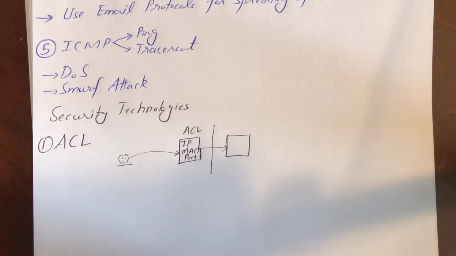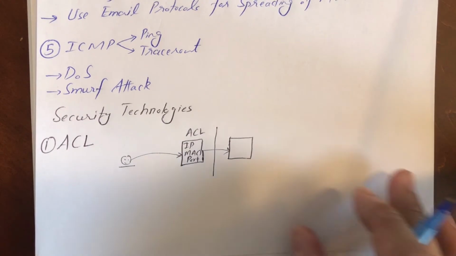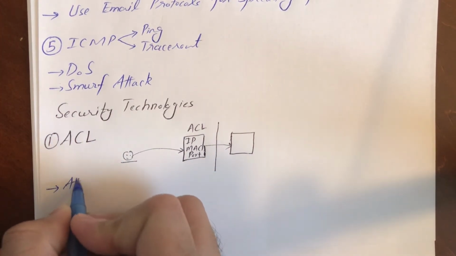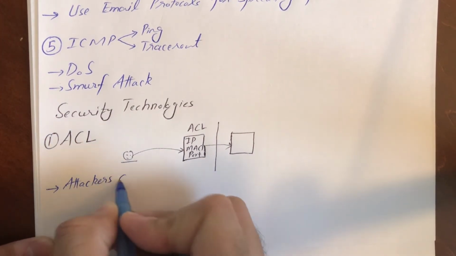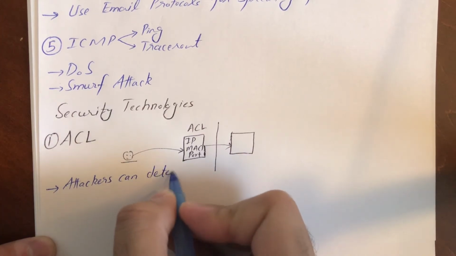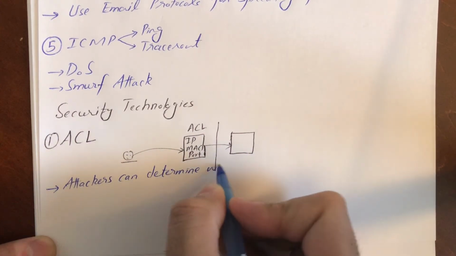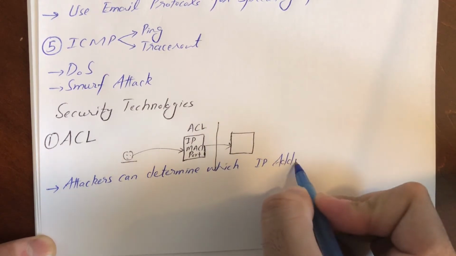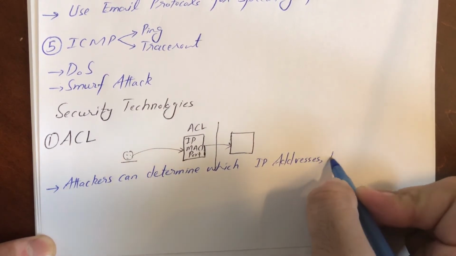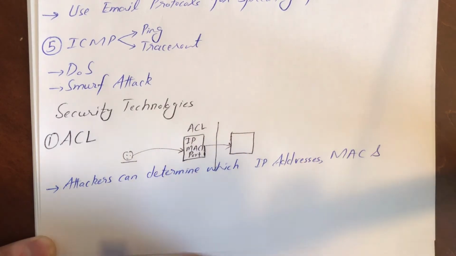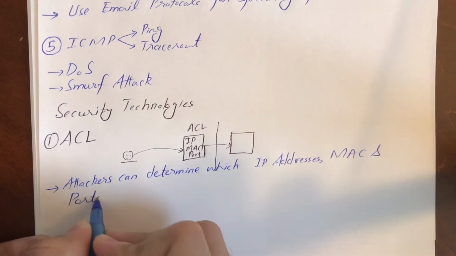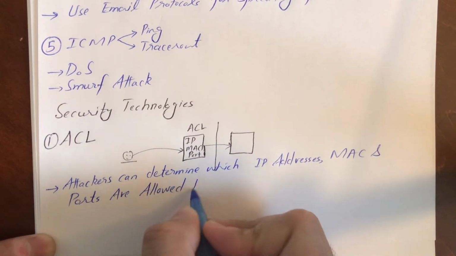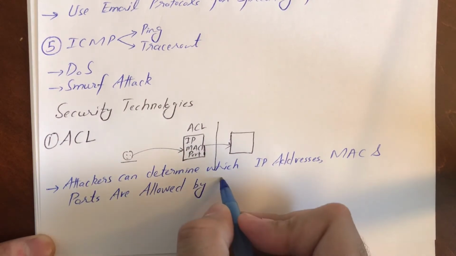And as you remember, the access control list is not the definite solution. With an access control list, what can happen? Attackers can determine which IP addresses, MAC addresses, and ports are allowed by the ACL.